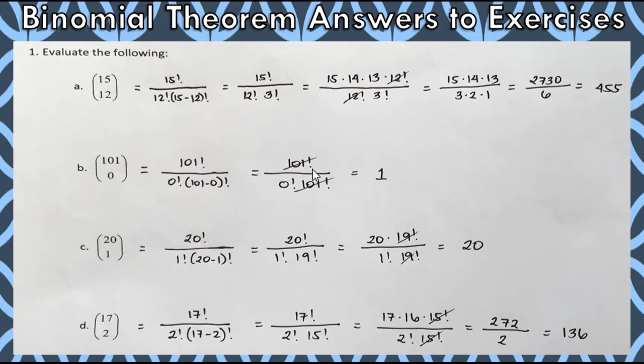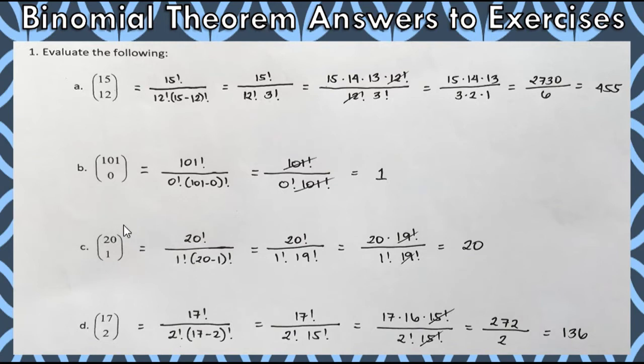Then, 101 minus 0 is 101 factorial again. So, we can cancel it out. That becomes 1, right? And 0 factorial is also equal to 1. So, the answer is 1.